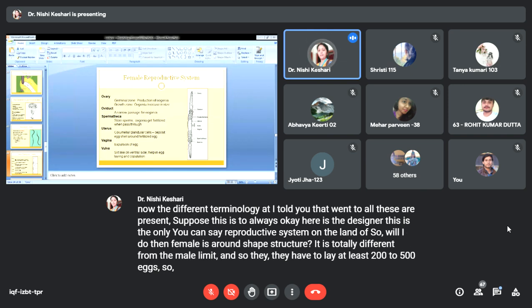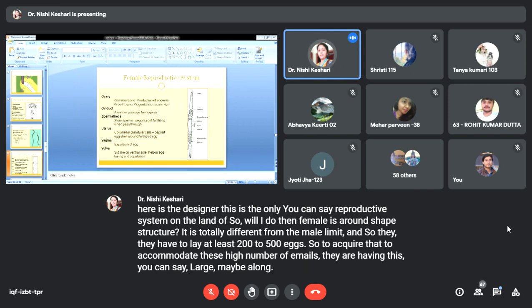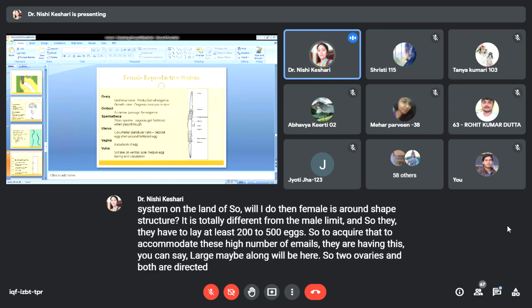To accommodate this high number of eggs, they have very long ovaries. So two ovaries, both directed anteriorly. So this is prodelphic and didelphic.